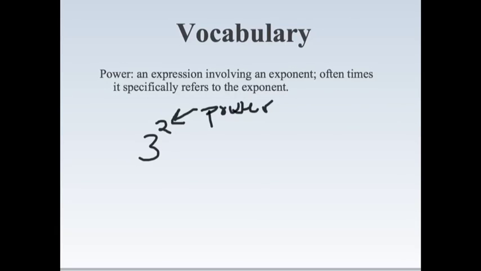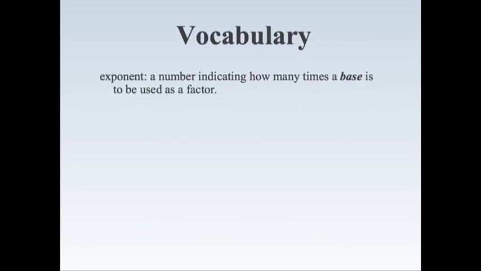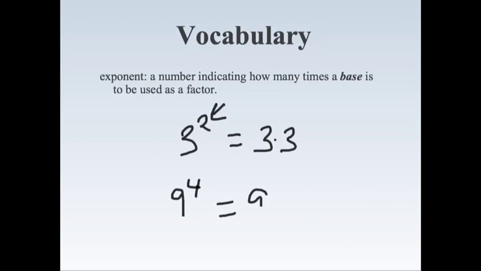There we go. Another name for power is exponent. So it really is the little number that indicates how many times I'm multiplying the base. So in this case, I've got 3 to the second power, which means 3 times 3, 9 to the fourth power, which would mean 9 times 9 times 9 times 9.